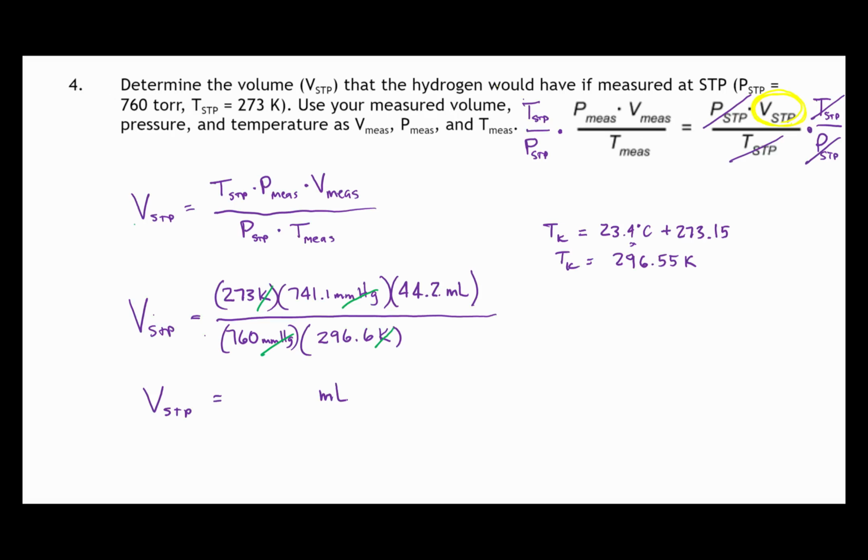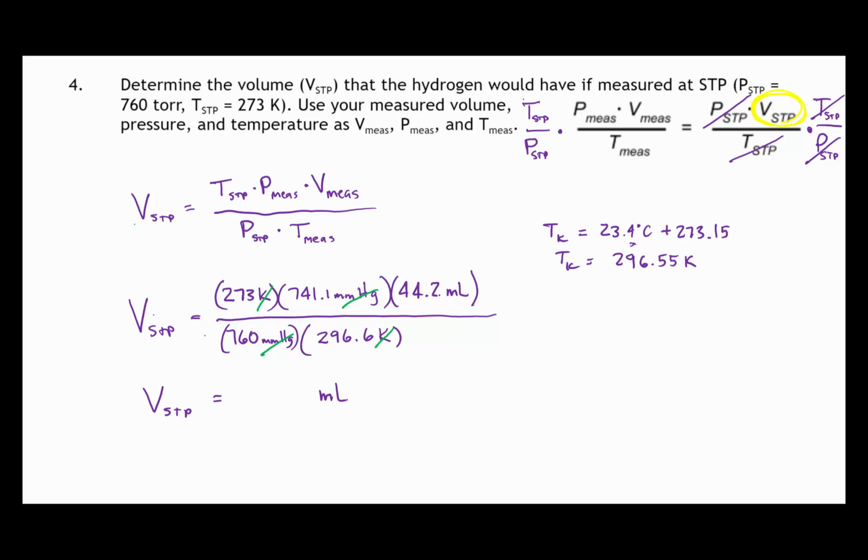I've got 273 times 741.1 times 44.2 divided by 760 divided by 296.6.